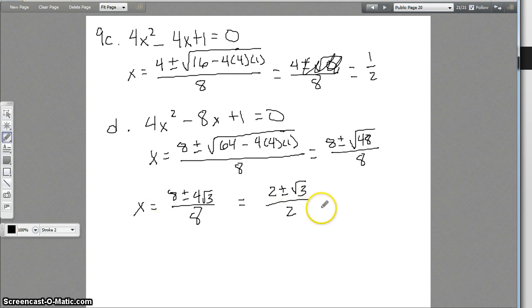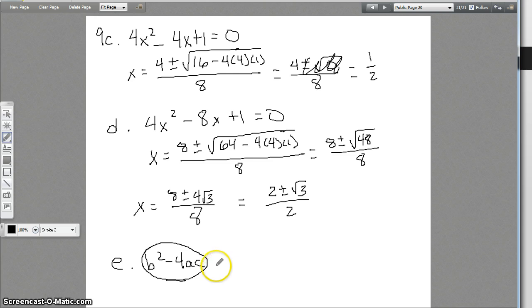Okay, so part E asks a question, which is, what must be true about the discriminant, which is b squared minus 4ac, of a quadratic equation in order for the solutions to the equation to be rational, assuming that a, b, and c are integers? Well, in order for this to be rational, b squared minus 4ac is what's in the square root.